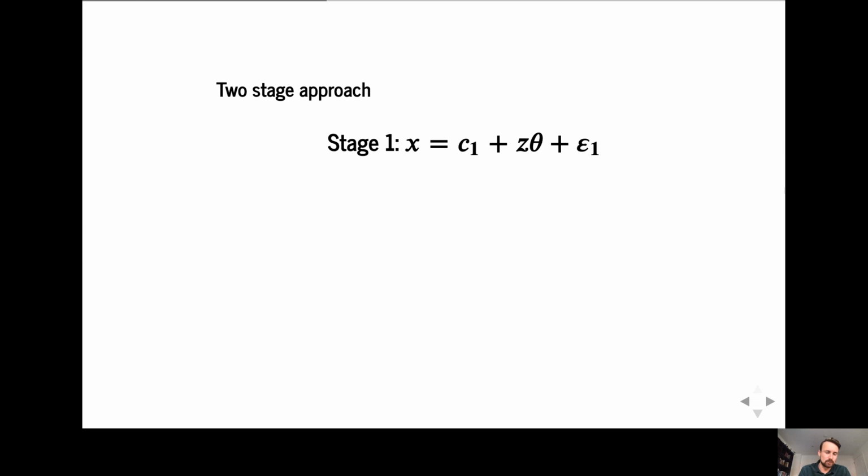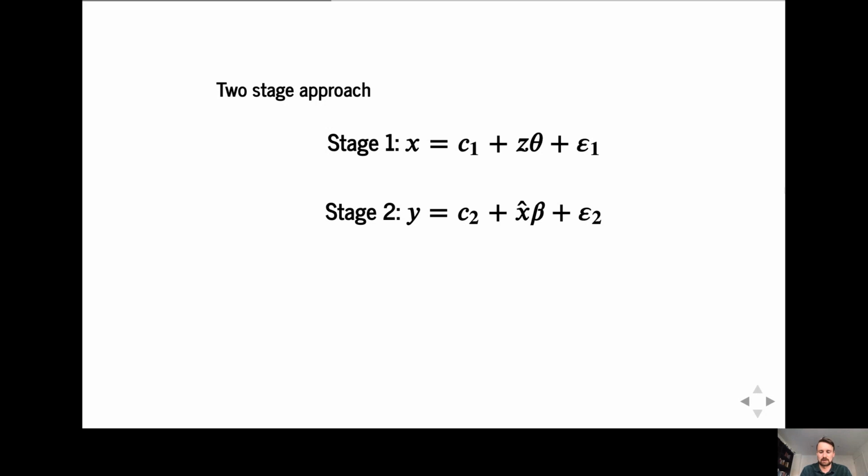So in this talk, we will take a two-stage approach. In the first stage, we do an estimation of x using our instruments, which we'll use to get a fitted value of x, which can be used in the second stage. Only in the second stage, we will estimate the probability of conversion, not using the amount of impressions, but using the fitted values of the amount of impressions.